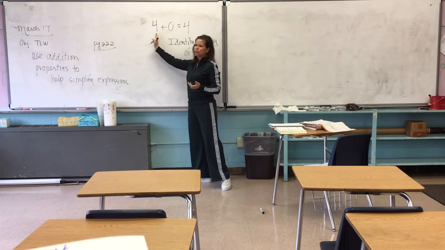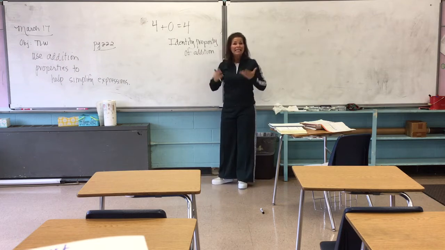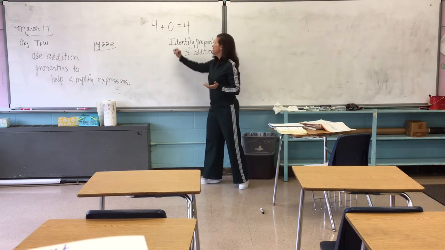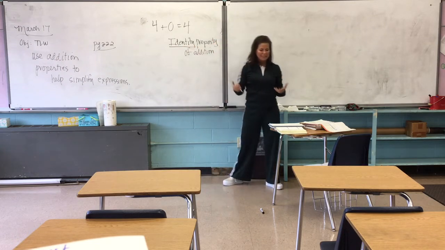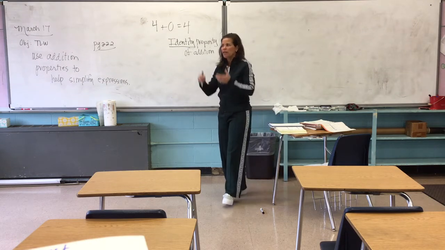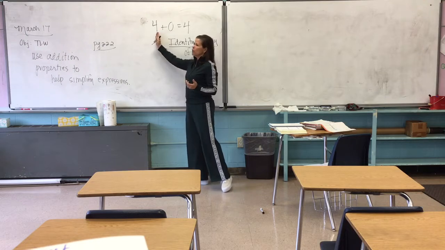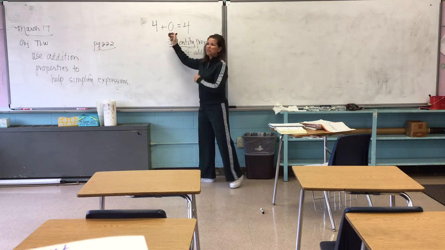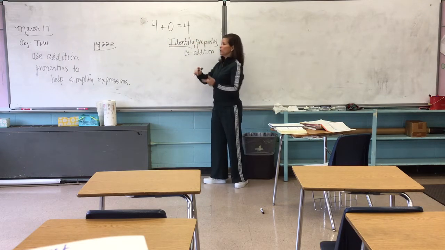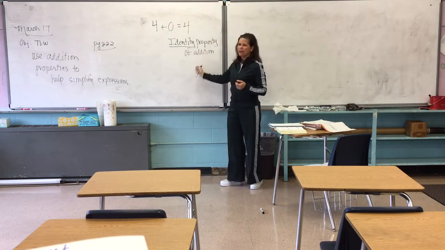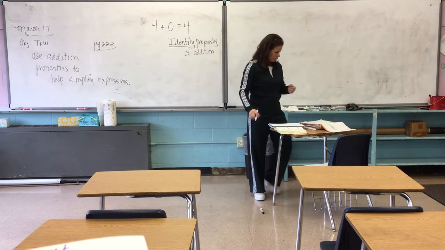When we add 0 to a number, it doesn't change the value. The identity stays the same. That's what helps me remember that the identity property has to deal with something staying the same. You don't lose your identity. So the number 4, when you add 0 to it, you stay 4. We hook a name to it, it's called the identity property of addition.